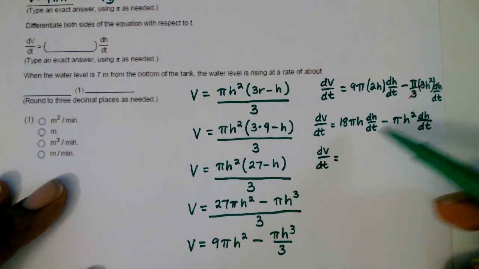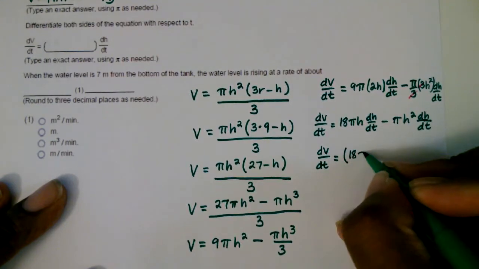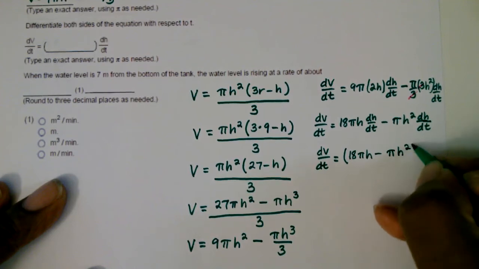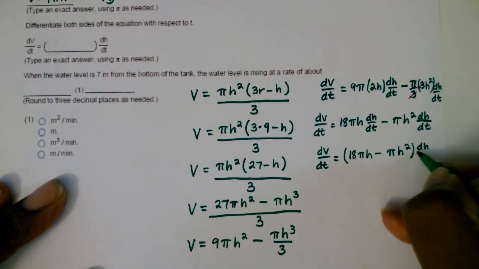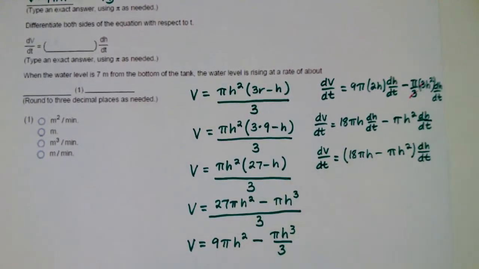And if I factor out the dh/dt, this is what I'll have, 18 pi h minus pi h squared, that'll be multiplied by dh/dt. dh/dt is the common factor in both of those terms. I'm just factoring out the dh/dt to get this.